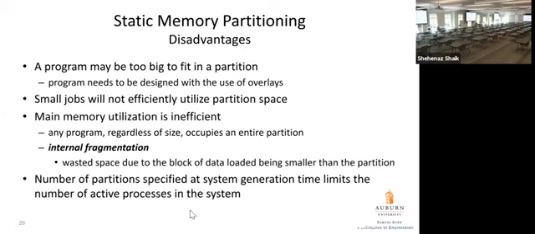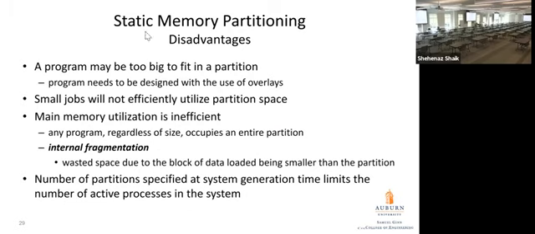Okay? And as I mentioned earlier, this is one of the earliest memory management techniques that were developed to partition the available memory and allocate it to multiple active processes.